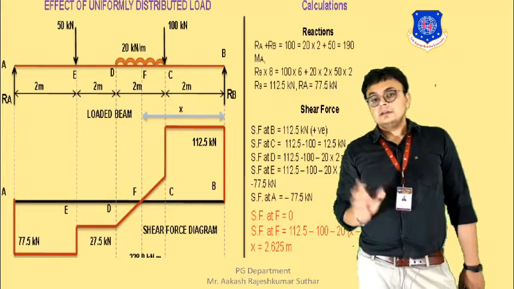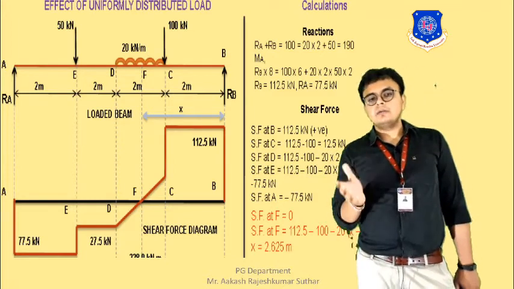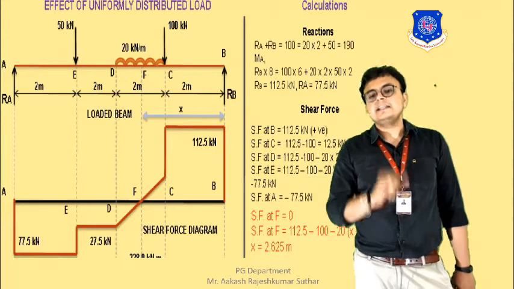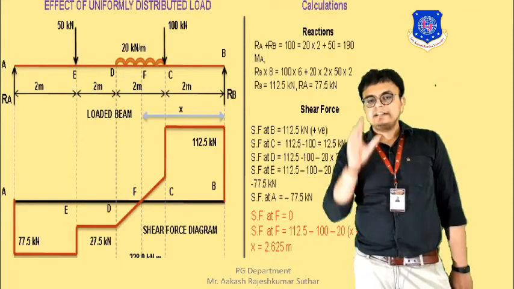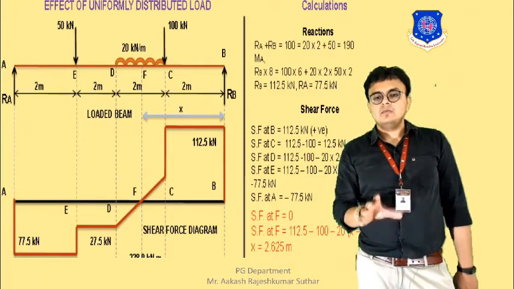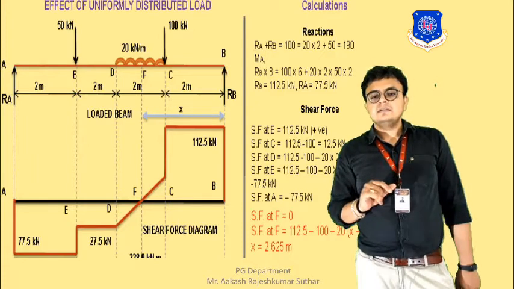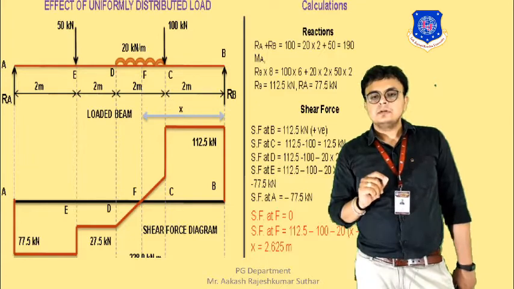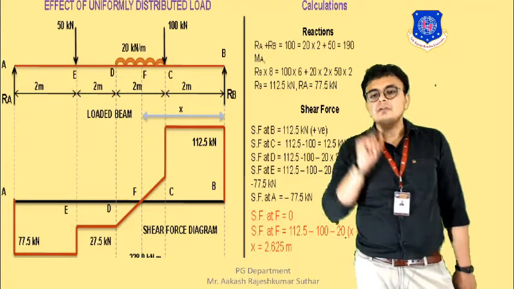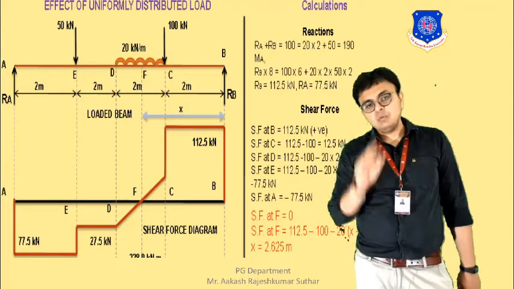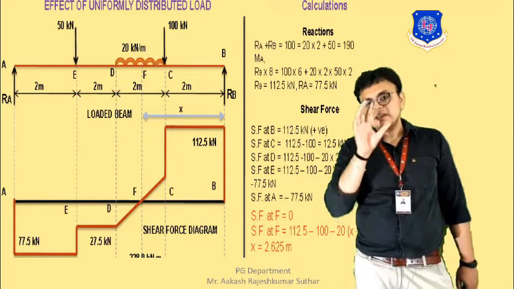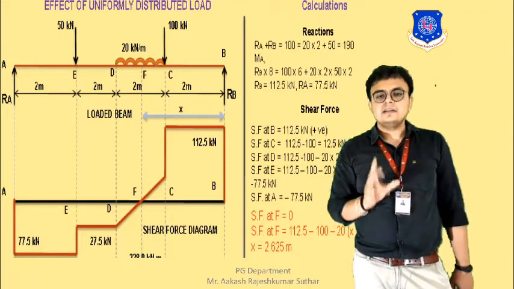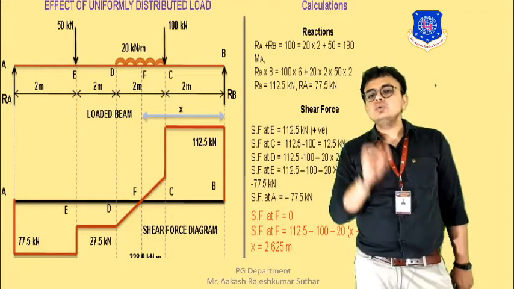Now we have to move towards the next point, that is D. At point D we need to find the shear force. At C we have got 12.5. Now the extra thing that comes in this section is the UDL, that is 20 into 2.